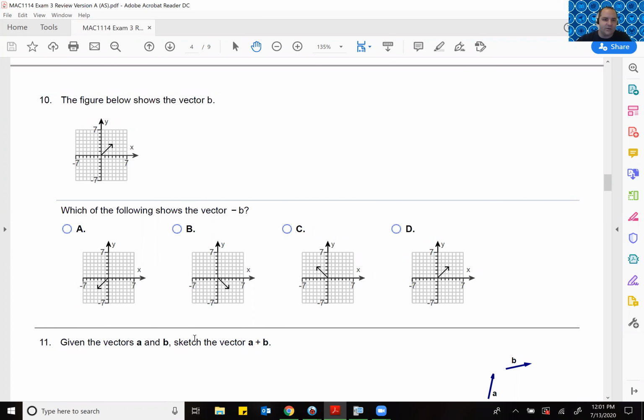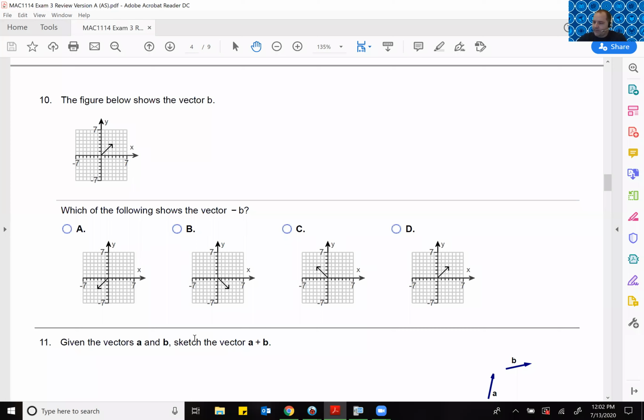So I'm going to draw this graph a little bit so we can talk about the opposite vector. I'm just counting by ones here.